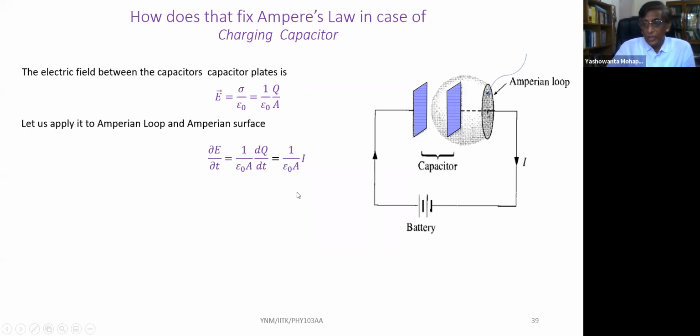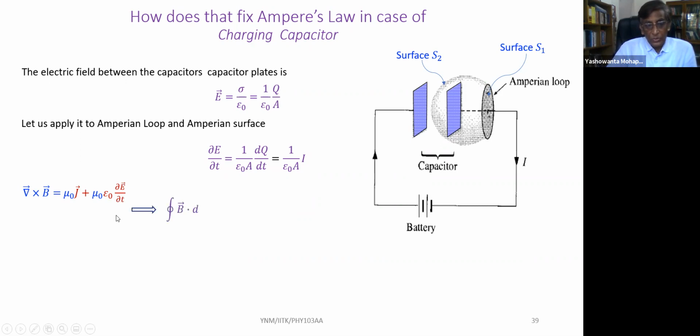Now let's look at surface S1 and surface S2, which we had seen earlier while looking at the inconsistency. So let's get back to the modified Ampere's law, that is, curl of B is mu naught J plus mu naught epsilon naught del E by del t.